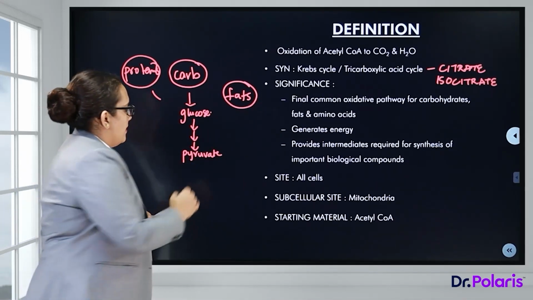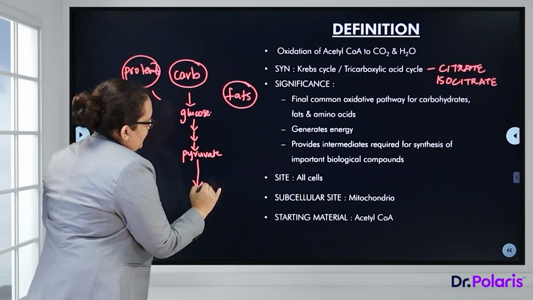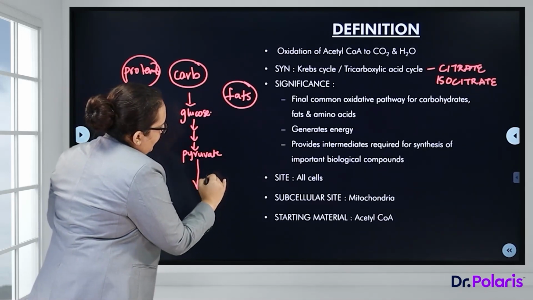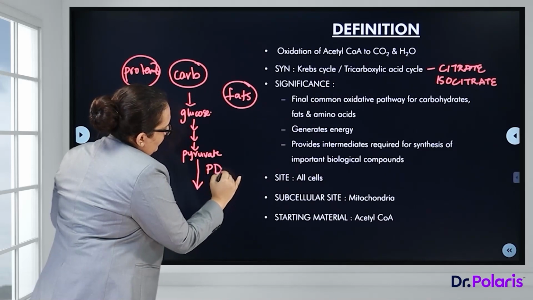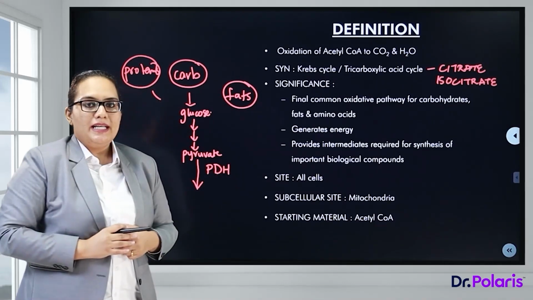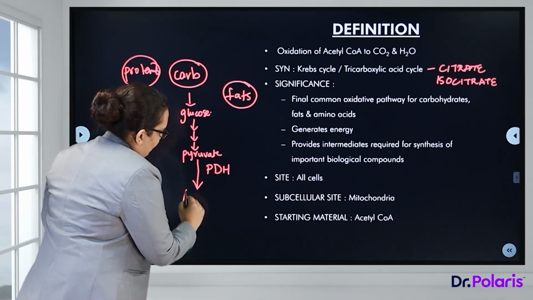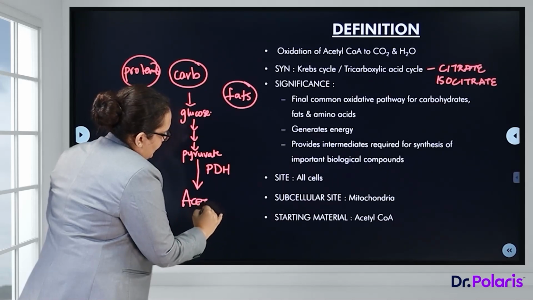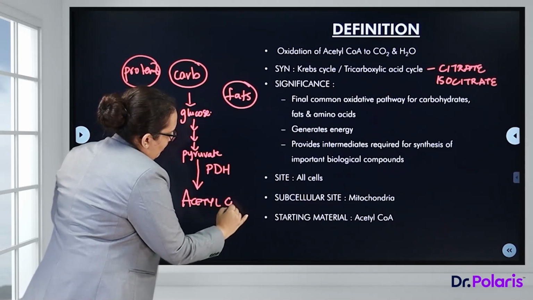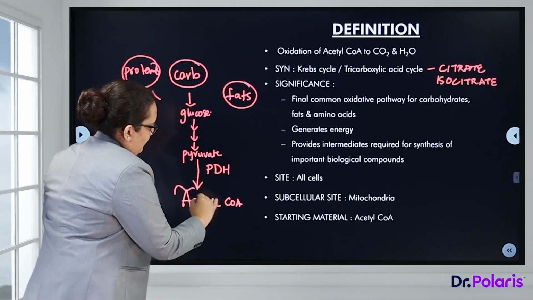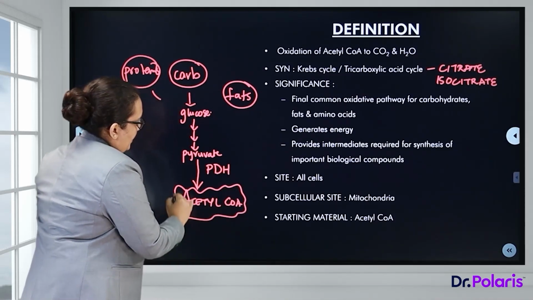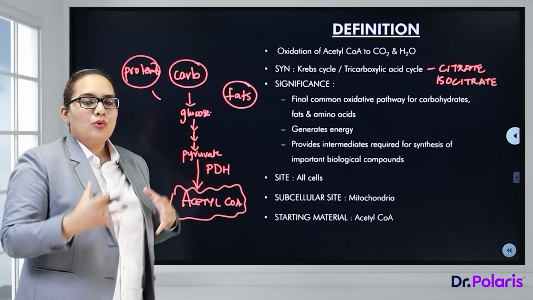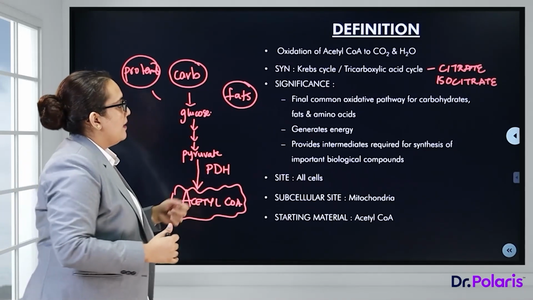Pyruvate undergoes an oxidative decarboxylation reaction, with the help of the enzyme pyruvate dehydrogenase, to form acetyl-CoA, which is the starting material of the TCA cycle. Okay, this is one way by which carbs are broken down to form acetyl-CoA.